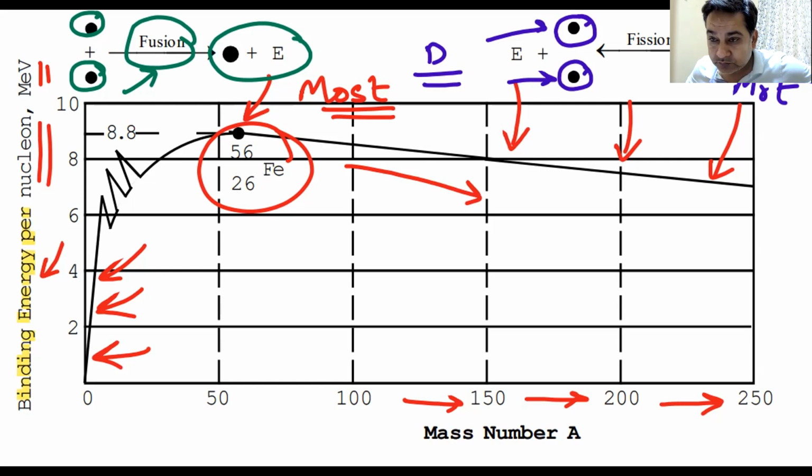Yes, sir. So basically, larger nuclei are less stable and they are going to break up on their own. Sometimes they break up into smaller nuclei. You can call this process fission, or you can also call this process radioactivity. Do we understand this?